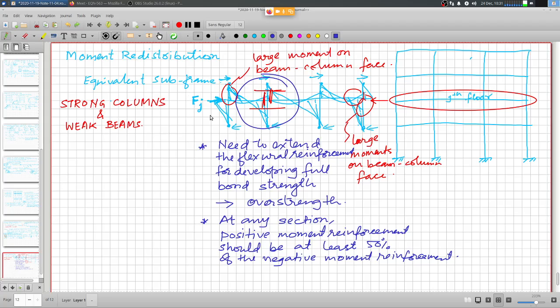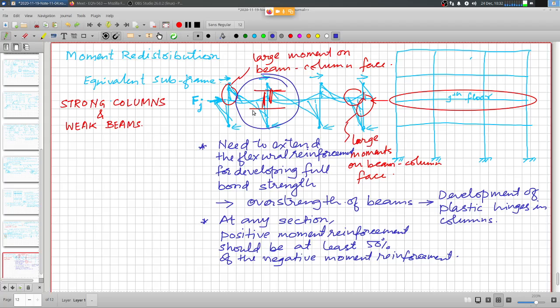And if that happens, then the overstrength of beams may lead to development of plastic hinges in columns. Because by doing this, we are not adding anything to the capacities of the column. Column still remains the same.